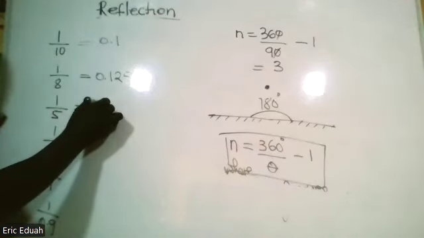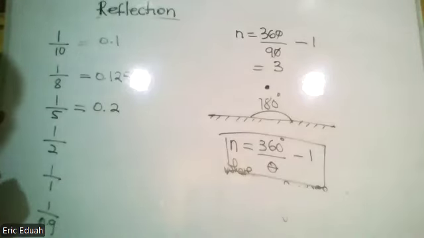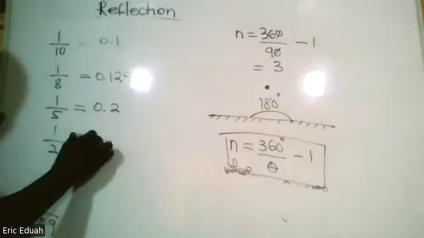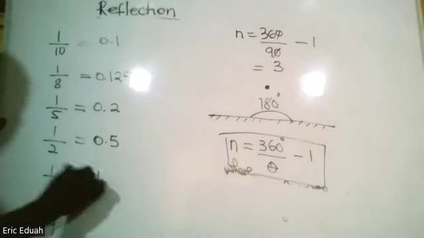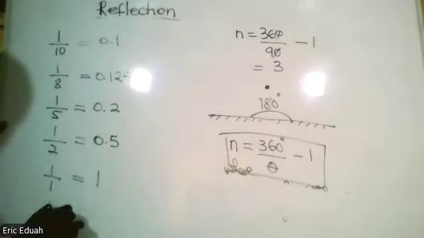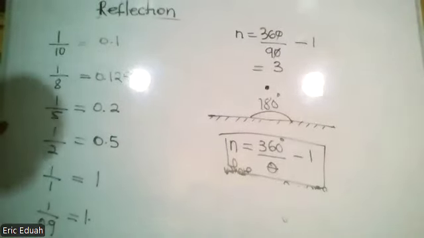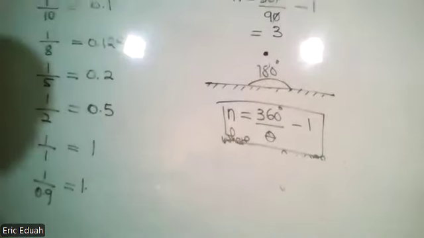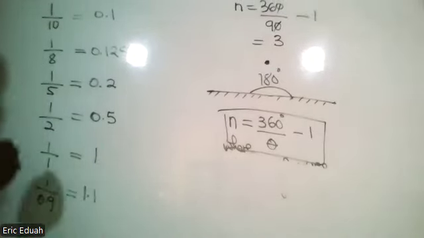Okay. This is 0.2. This is 0.5. This is 1. This is 1 point what? 1.1.